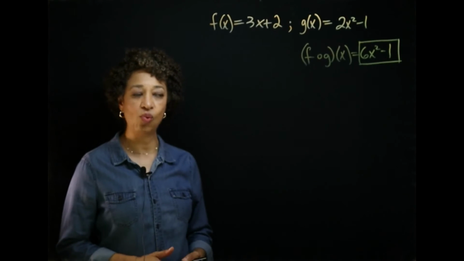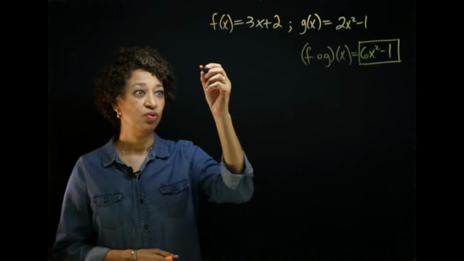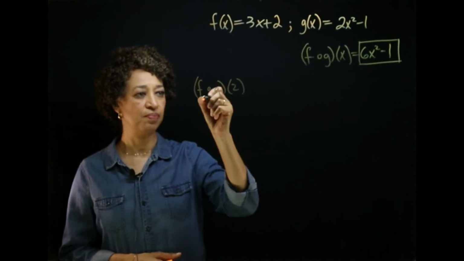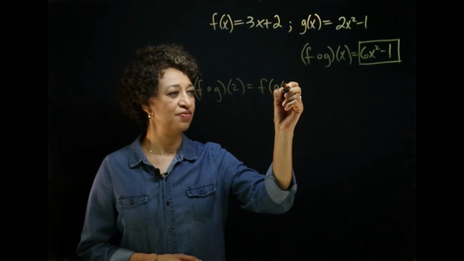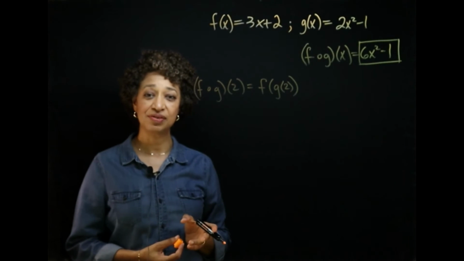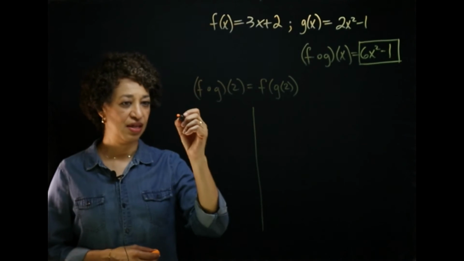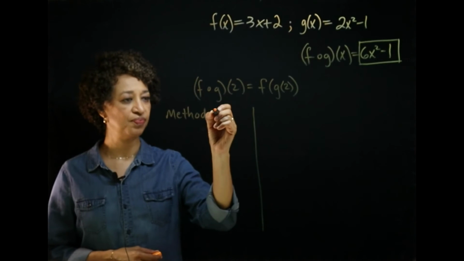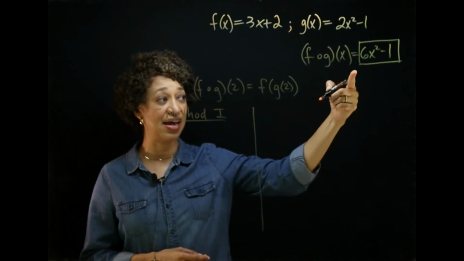Now, what if we wanted to find f of g of 2? We want to find f of g of 2. In other words, we can use this notation, f of g of 2. Well, there are two ways to do this. The first way is to actually plug in 2 into the rule we just got for f of g of x.